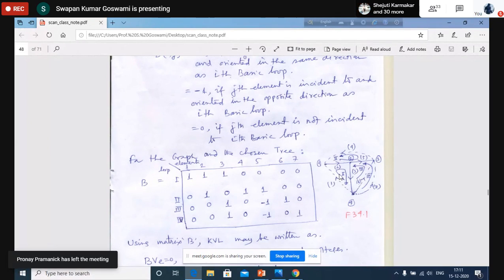This is the direction of the link, and this is the direction of the loop current. This is the direction of the link, so this is the direction of the loop current. This is the direction of this link, so this is the direction of the loop current. Again, this is the direction of the link, so this is the direction of the loop current. Directions are specified, loops are identified.